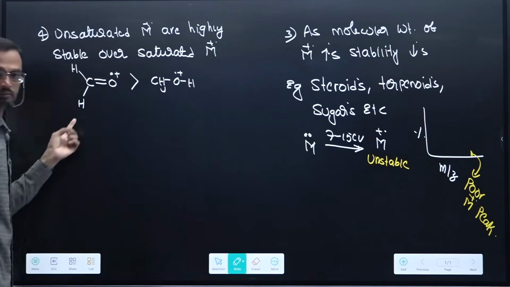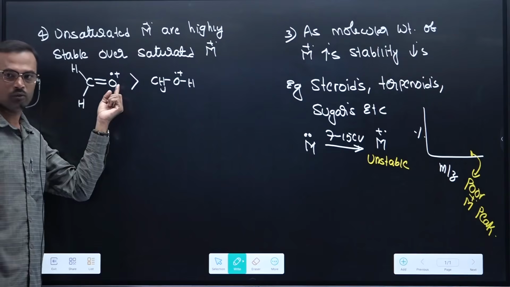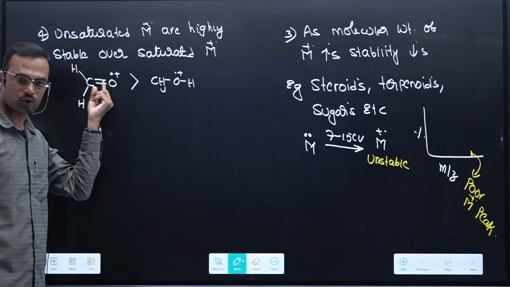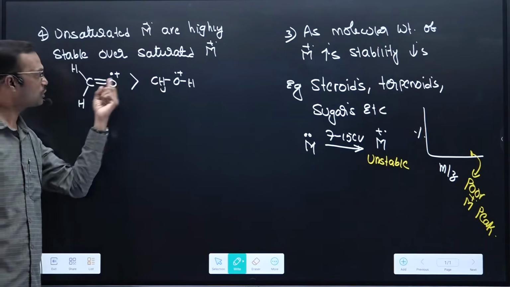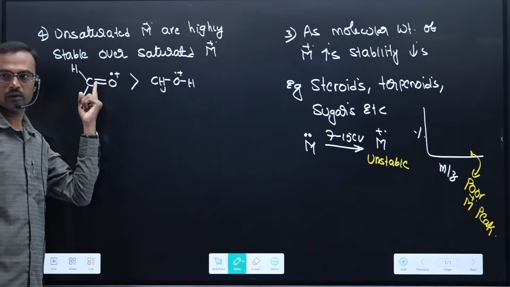This is the stability order. Here how many carbons are present? One carbon. How many oxygens? One oxygen. There is a double bond present. If a double bond is present, that is found to be stable. If there is no double bond, it is unstable. So between these two, which molecular ion is stable? This one. Clear?